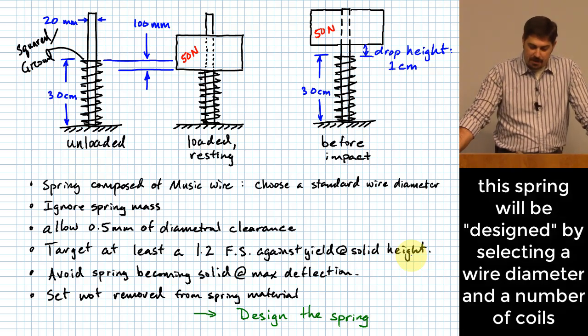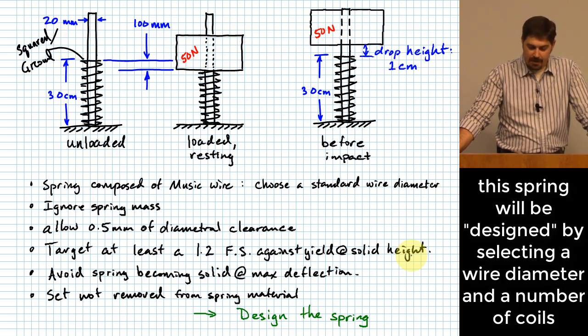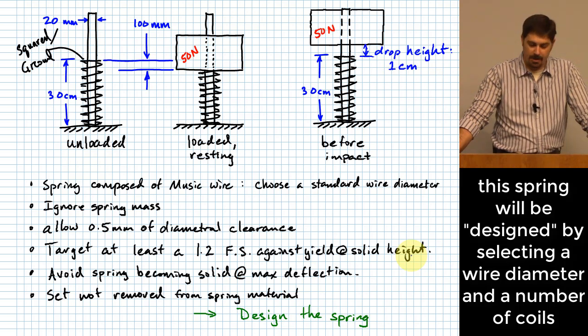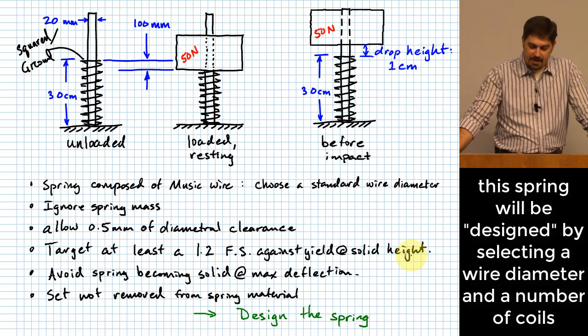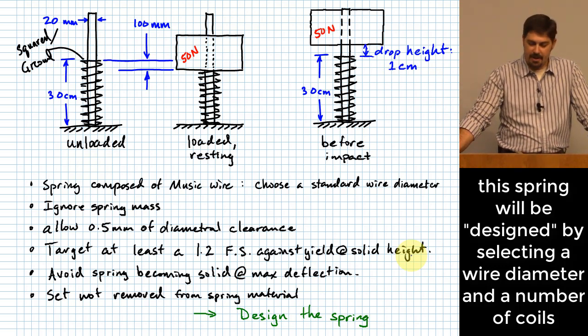We have a number of things that we can control for this spring. We can control the number of coils, and we can control the wire diameter. I think those are the two factors we're going to try to control for this particular spring. But what's a little bit interesting is those factors are linked to other constraints that might be what we call a priori decisions.